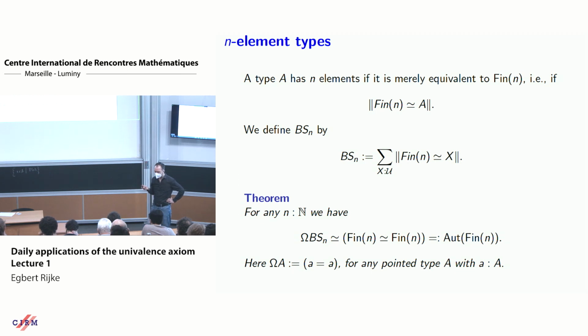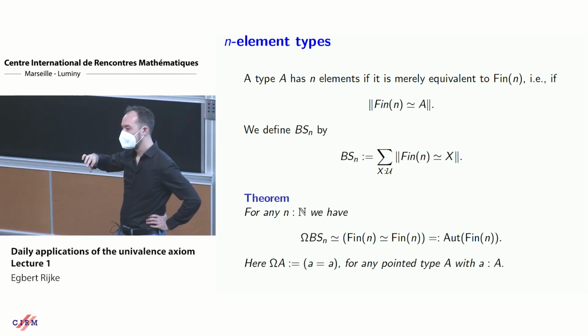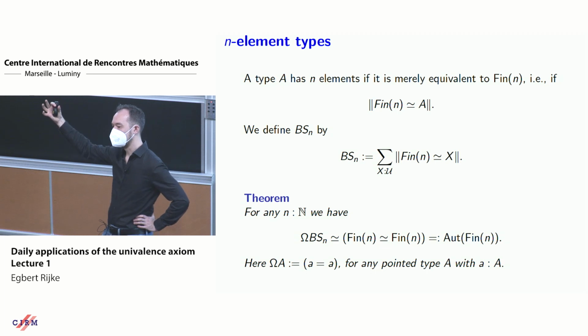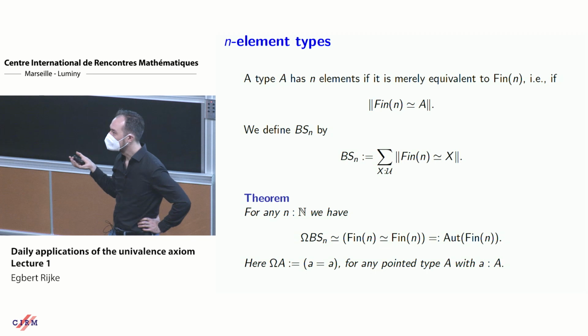One way of thinking about this is that this type is automatically a groupoid with the identifications. By the univalence axiom, the identifications in this type are the equivalences between those two types. We're going to see the proof, but I'm going to explain the idea first.